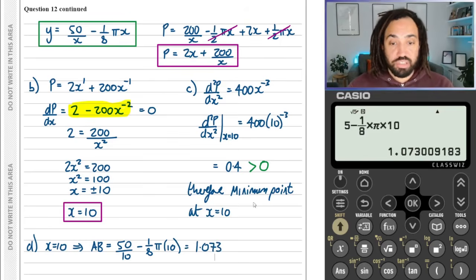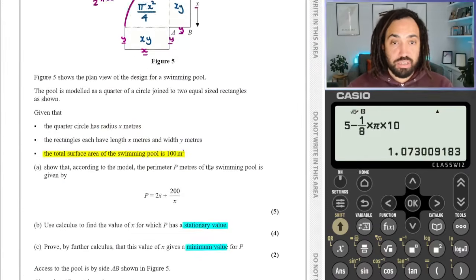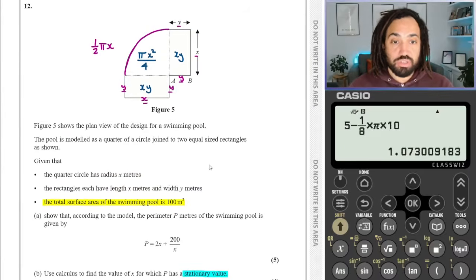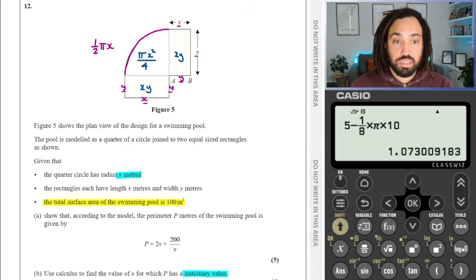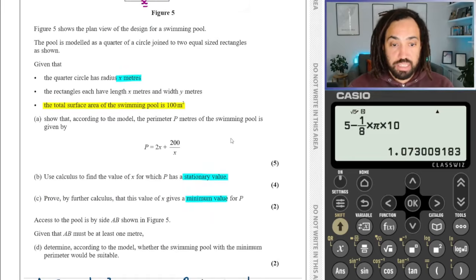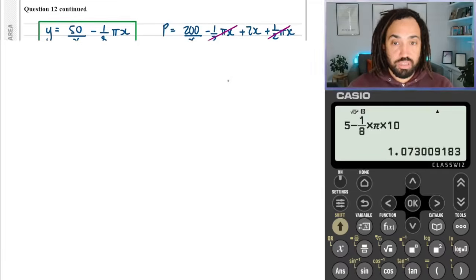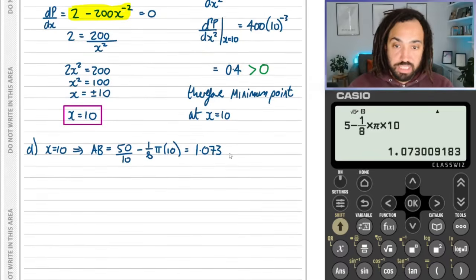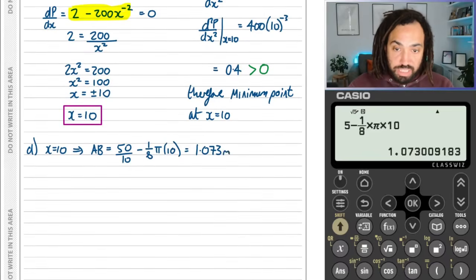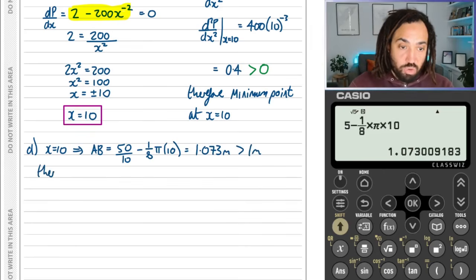Let's just double check the units. So those are all measured in meters. Okay, and it says here that it needs to be at least 1 meter. So that is greater than 1 meter. So I think we're good. So we can go here. We can say that this is meters, and it's greater than 1 meter, and then we can say therefore it is suitable.